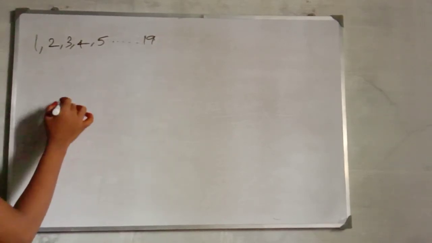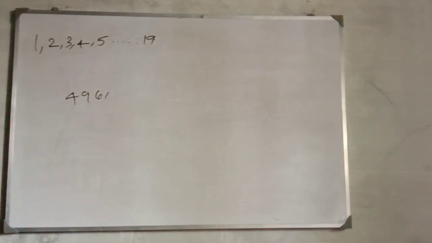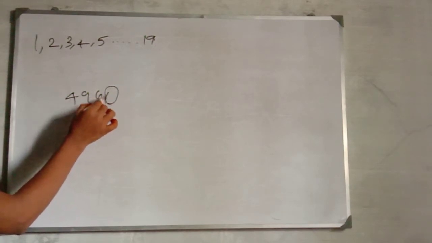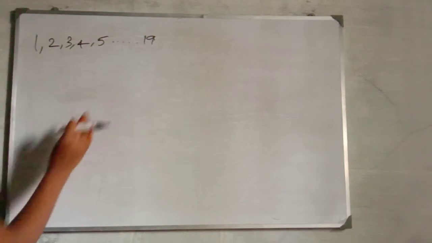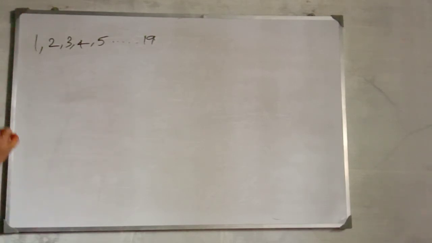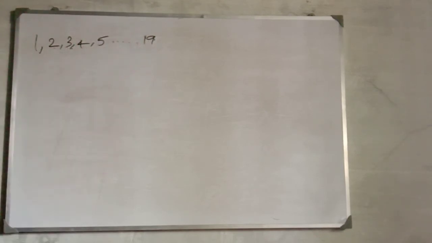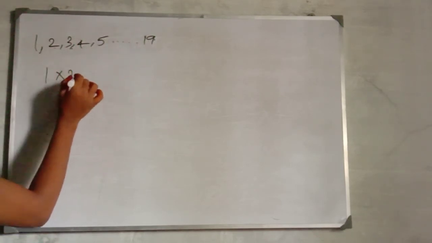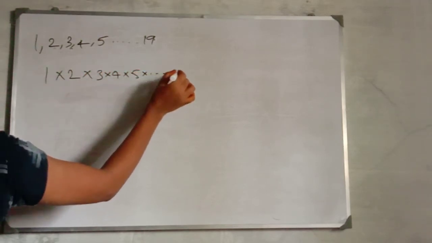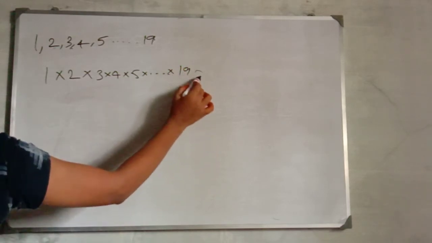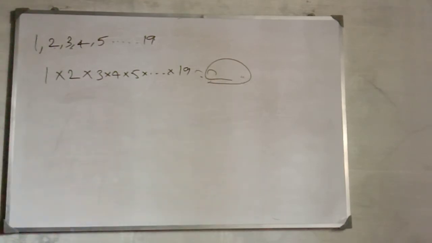Unit digit means, for some 4-digit number 4961, this is the unit digit. For the sum we have to find the unit digit of the product of 1, 2, 3, 4, 5 up to 19. So 1 into 2 into 3 into 4 into 5 up to 19 is equal to some number. So what is the unit digit of this number?